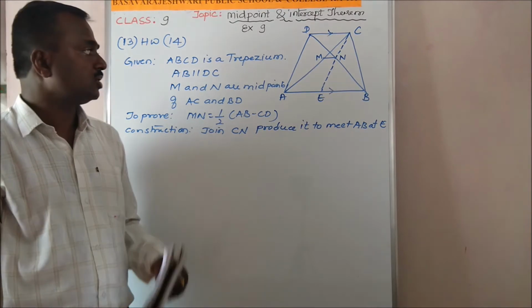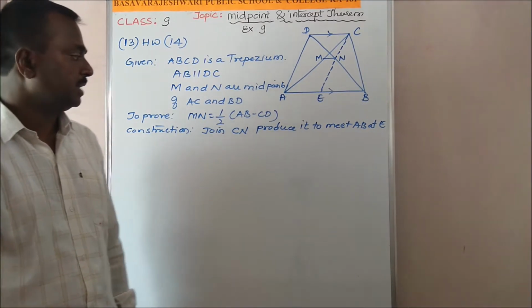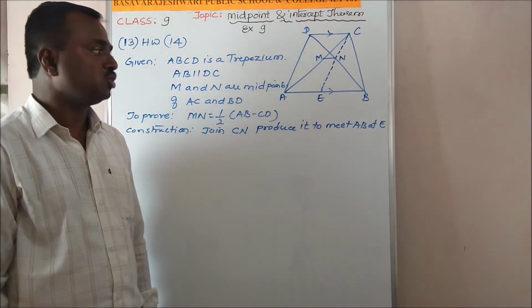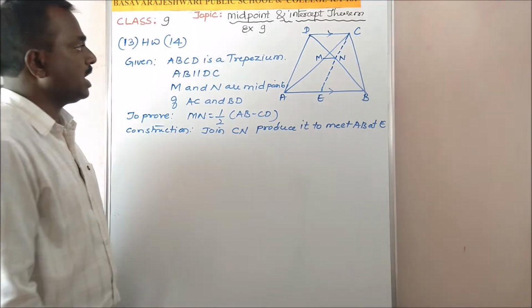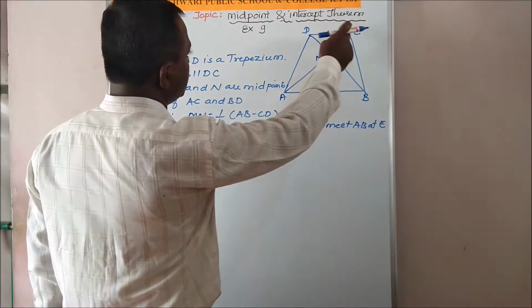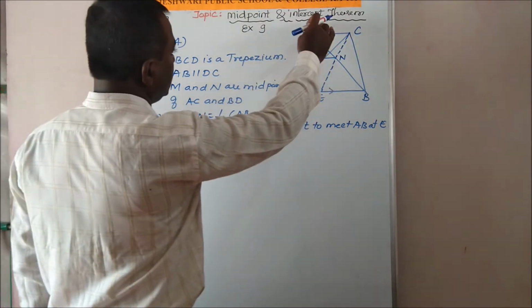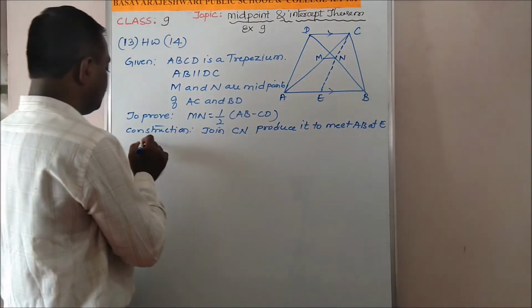Prove that MN is equal to half of AB minus CD. In the construction, we join CN and produce it to meet AB at E. Now we have two triangles here, CDN and EBN.